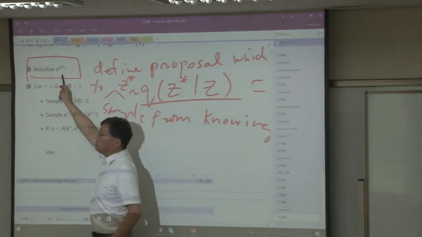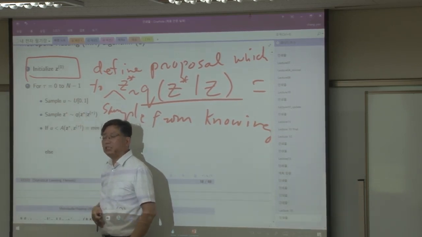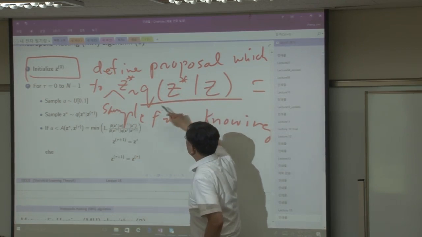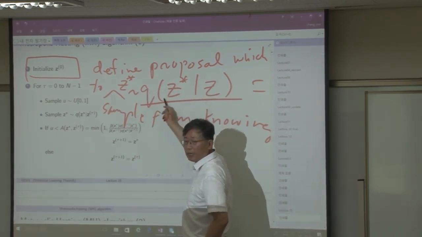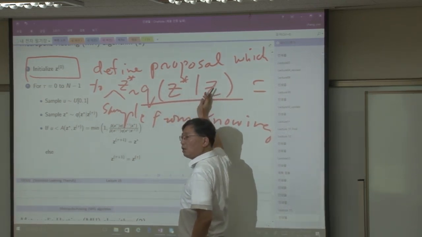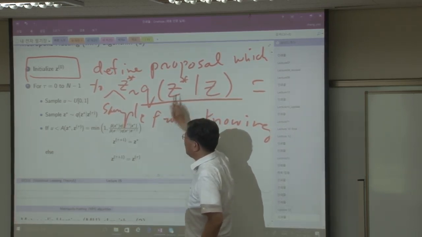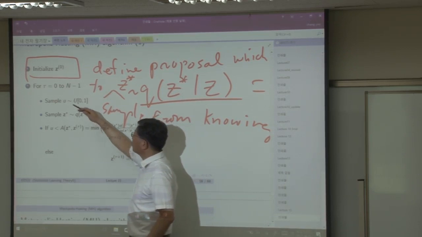So you start with some random sample. You define a proposal distribution Q, conditioned on the previous sample. Then I'm going to go through the samples.